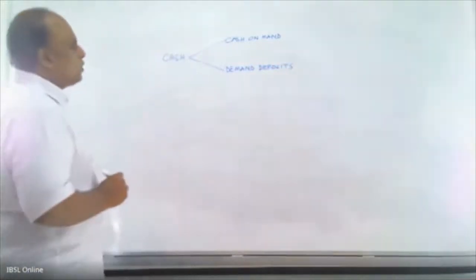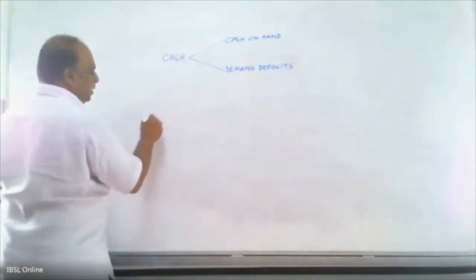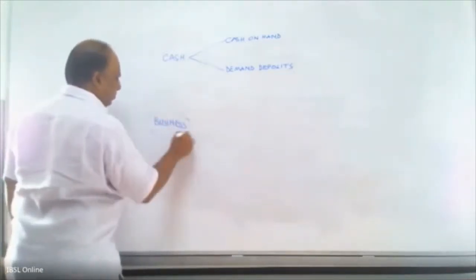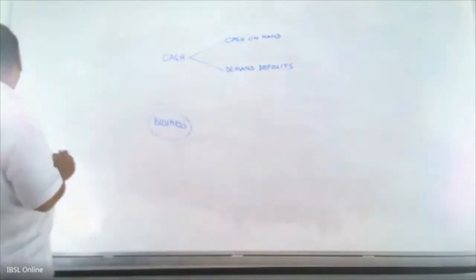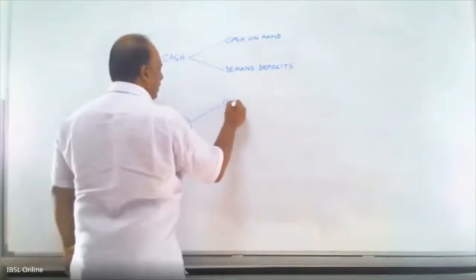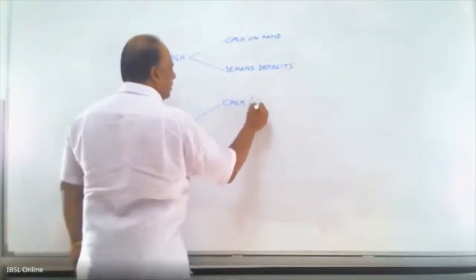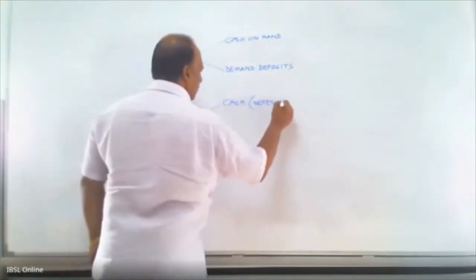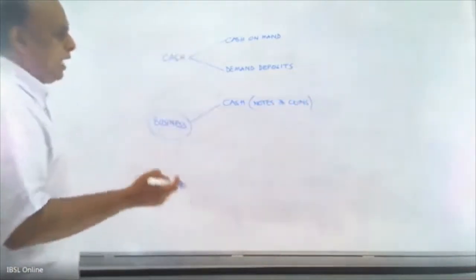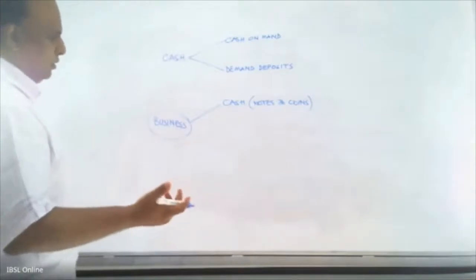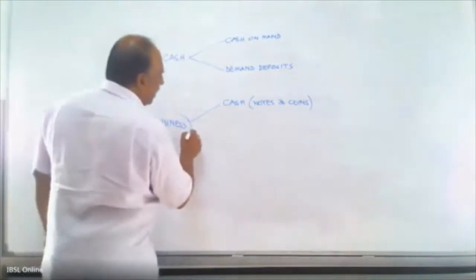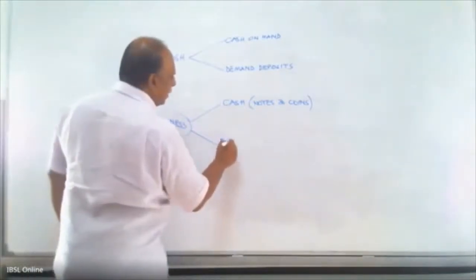Right? Now let us look at this first. Here is a business. Businesses can freely operate using cash. This is the notes and coins. Physical cash, cash notes and cash coins. That is one option. Or they can have a bank account.